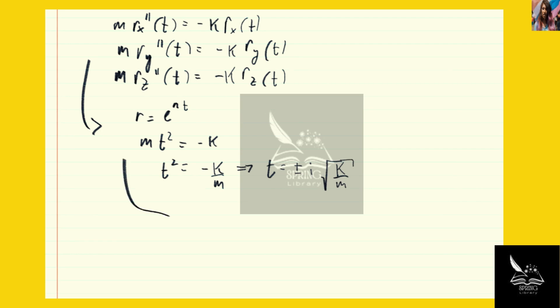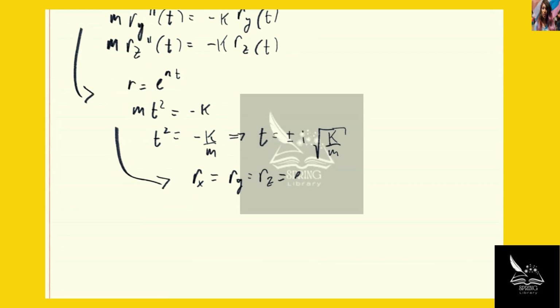which when we substitute that into our equation for r, and I'll write rx equals ry equals rz, they will all equal e to the power of i root k over m plus e to the power of negative i root k over m. That is going to be the form where we get a combination of cosine and sine as the solution.